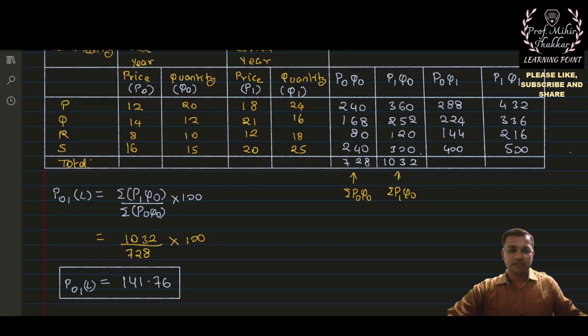So my friends, if I add the values of P0 Q1, the total will come out to be 1056. And if I add the values of P1 and Q1, I will get it as 1484. So this is summation of P0 Q1, and this is summation of P1 into Q1.